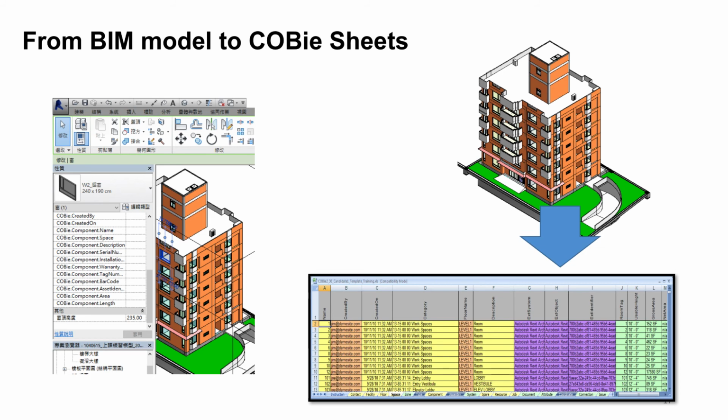Currently, several BIM modeling tools allow the user to export COBie data from the BIM model into COBie sheets of various formats. For example, Revit provides a COBie extension tool for its user to produce COBie-compliant deliverables from a Revit model.